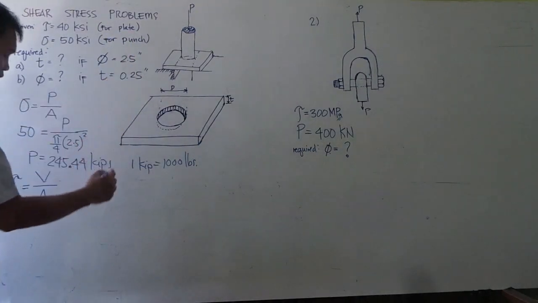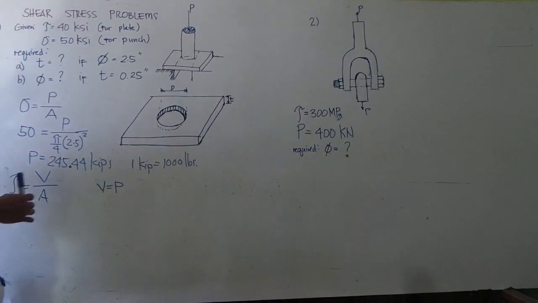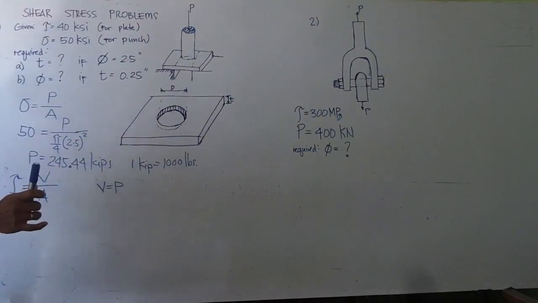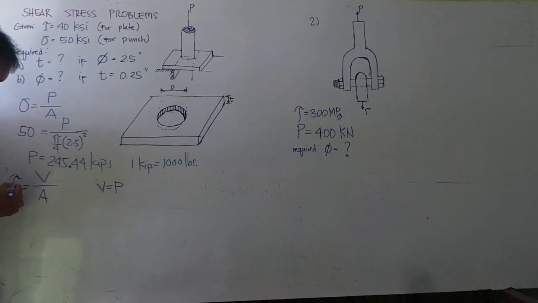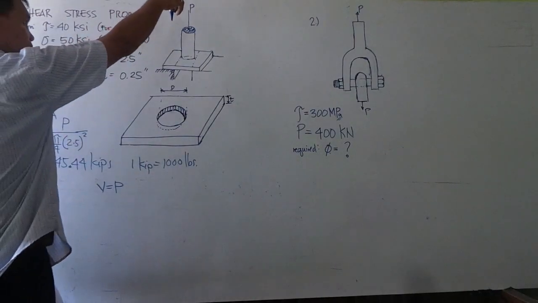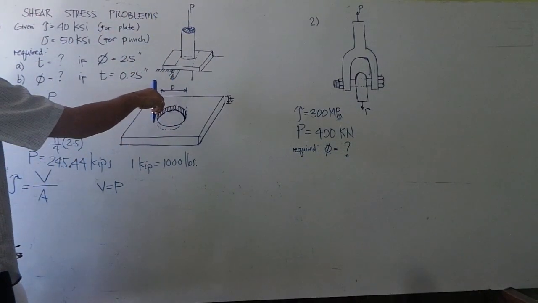But your V is just equal to your P. Take note that in the shear stress formula, our V is parallel with our area.